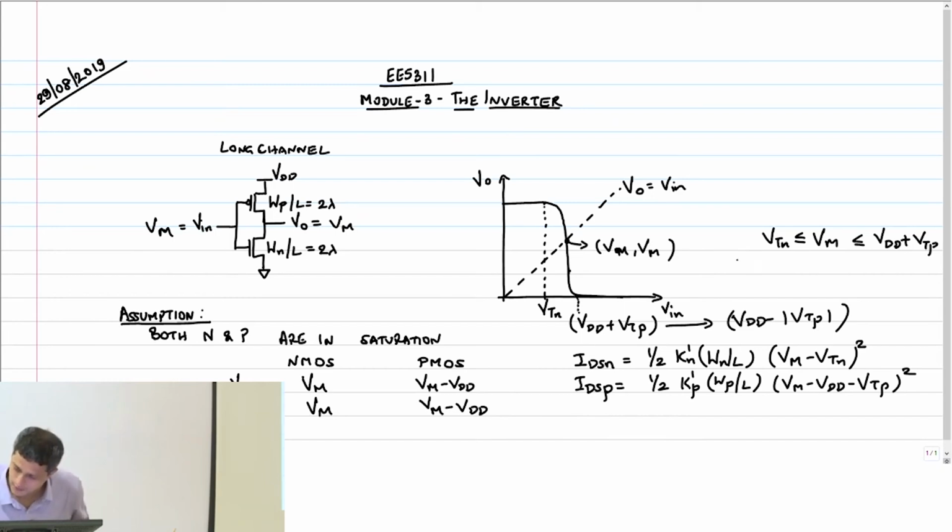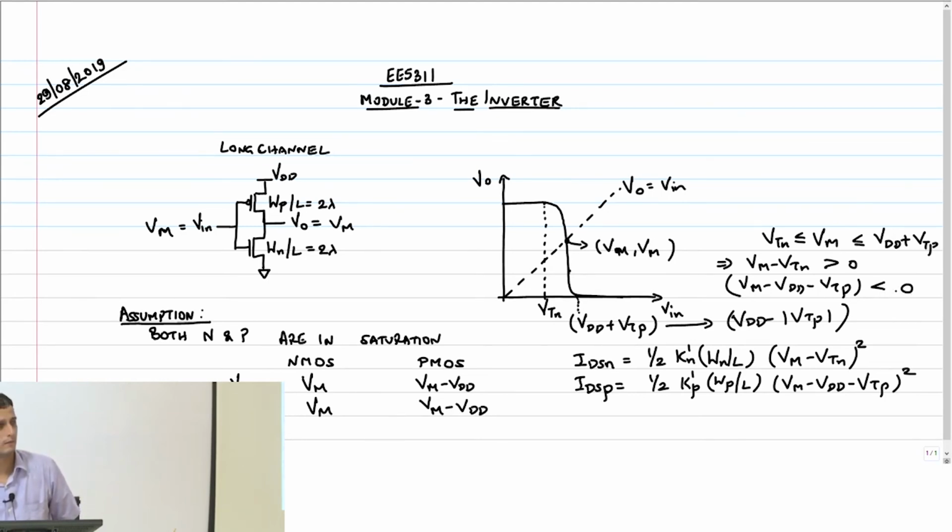So this implies Vm minus Vtn is greater than 0, and Vm minus Vdd minus Vtp is less than 0. Clear? Because this is the key data, that we need to find out the sign after we take the square root.